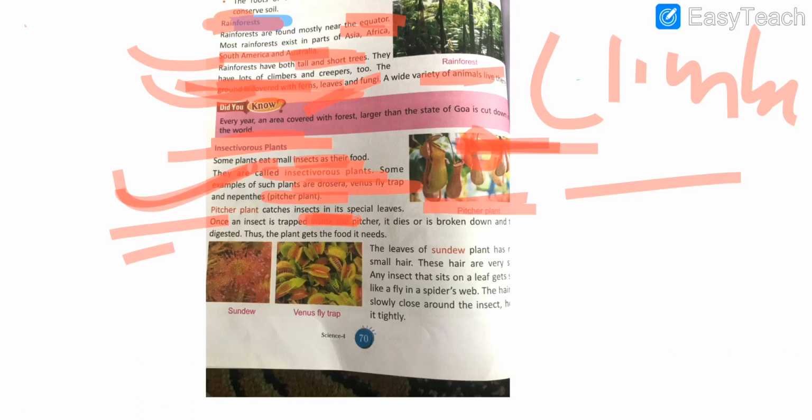Students, there is one more plant which is called sundew. You can see over your books, this is sundew. What adaptation has sundew developed so as to have an insect as its food? Students, a sundew plant has small hairs over its entire surface, and these hairs are very sticky.